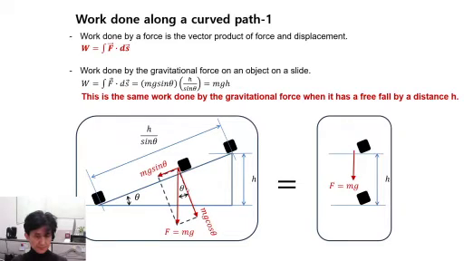If theta becomes 0, it means the slide is horizontal. That means there is no force along the slide, and all the force is acting perpendicular to the slide.